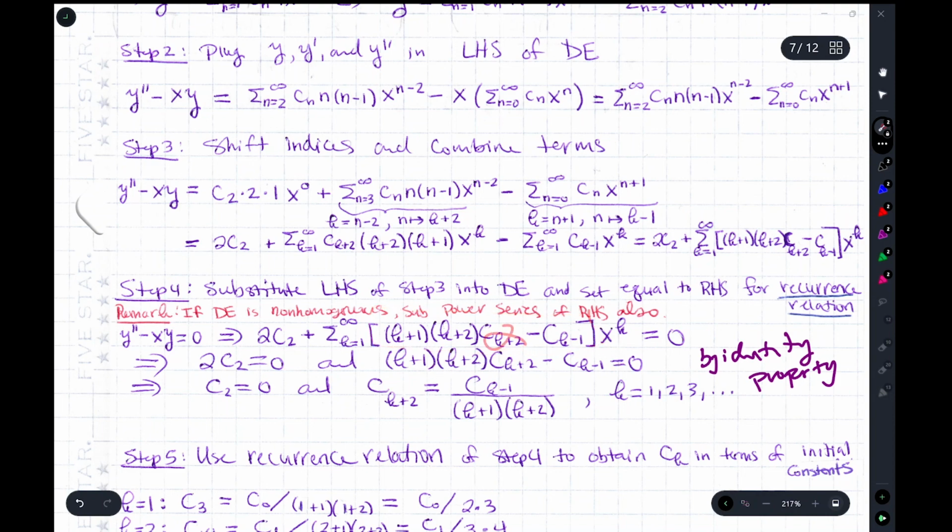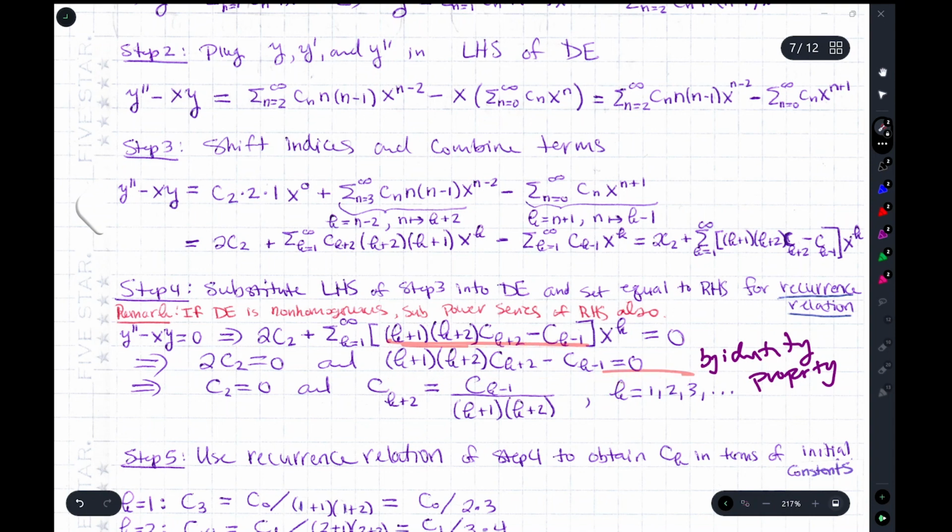Not the c sub k's. You should not assume that those are 0. But the coefficient of this power term is 0. And there's an x to the power 0 term over here too, and so this has to be 0 by the identity property, and all these coefficients have to be 0 by the identity property.